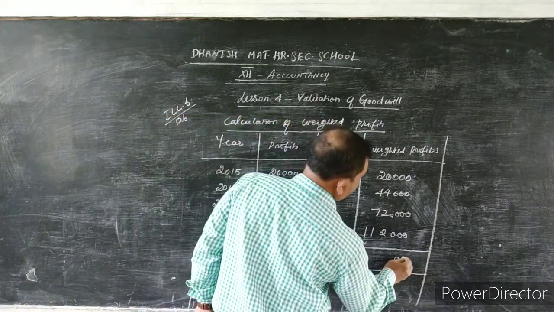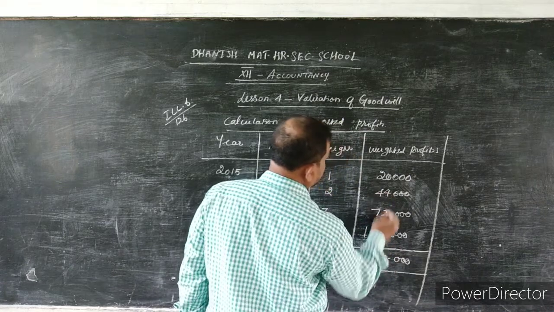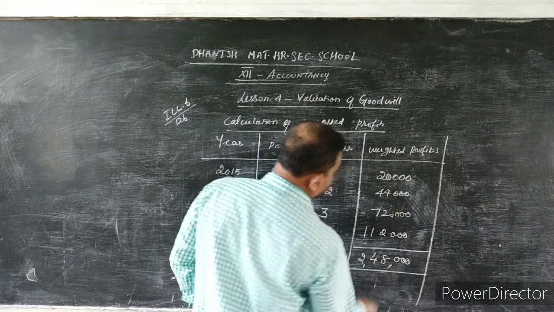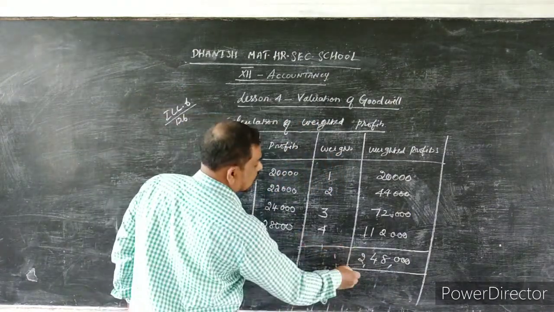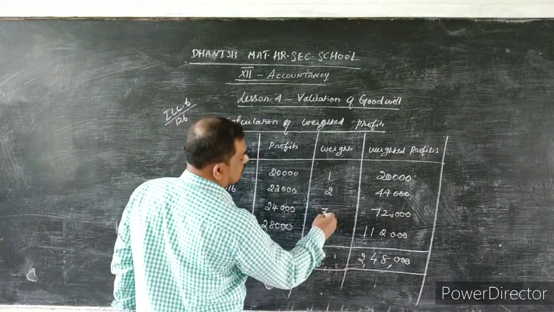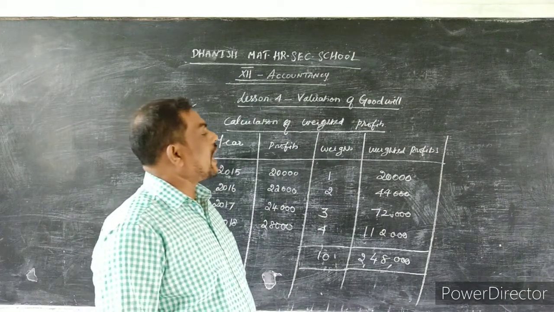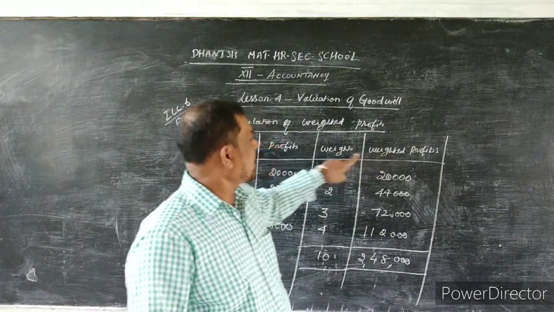We'll get 0, 0, 0. 4 plus 4, 8. 8 plus 6, 14. So 2,48,000. What is the total weights? 1 plus 2 is 3, 3 plus 3, 6 plus 4, 10. So for calculating average weighted profit, we need total weighted profit and total weights.